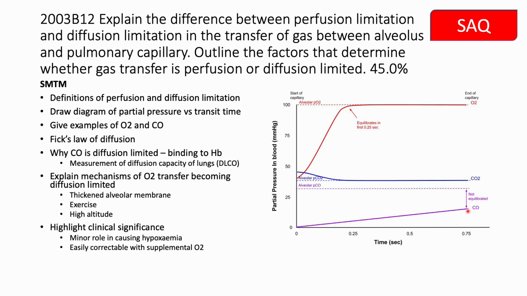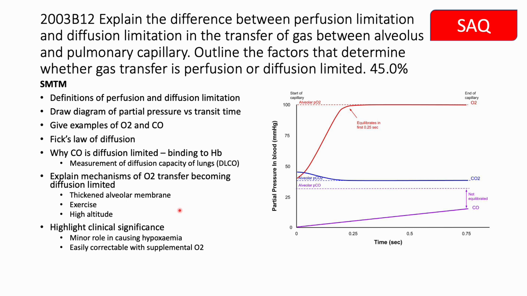The second part of the question is outlining the factors that determine whether gas transfer is perfusion or diffusion limited. So you would then explain why oxygen transfer is usually perfusion limited and explain why carbon monoxide is usually diffusion limited. Then you would go on to explain what are the circumstances that would cause oxygen transfer to become diffusion limited.